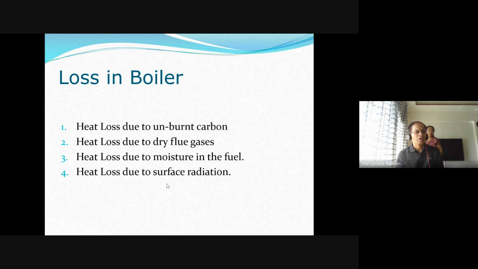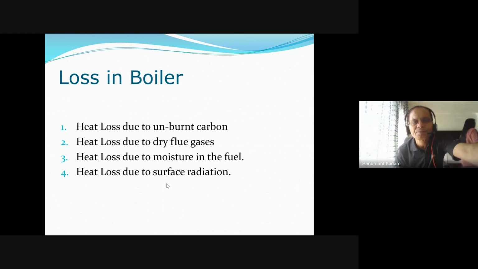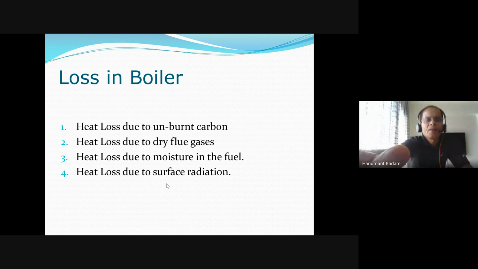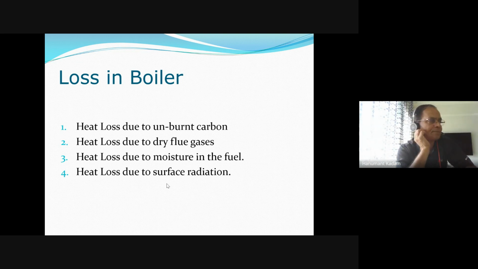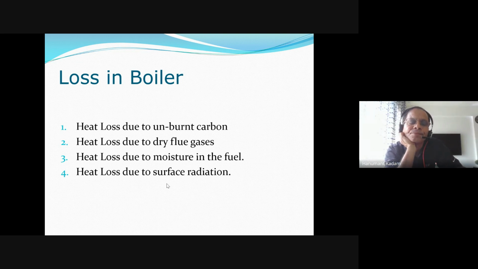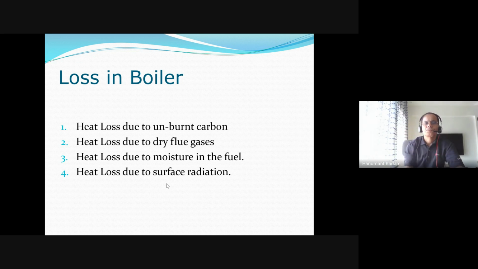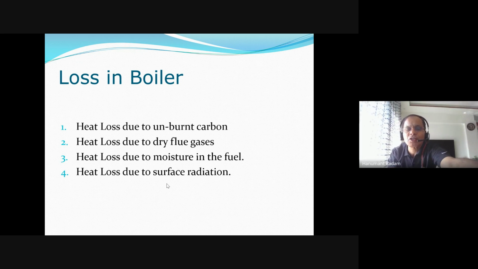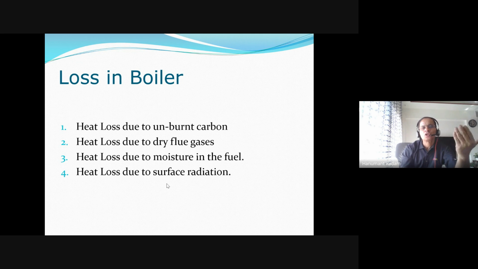There are losses in the boiler: heat loss due to unburnt carbon, heat loss due to the dry flue gases, heat loss due to the moisture in the fuel, and heat loss due to surface radiation. So why are interlocks there? Because these are the losses we have to avoid.